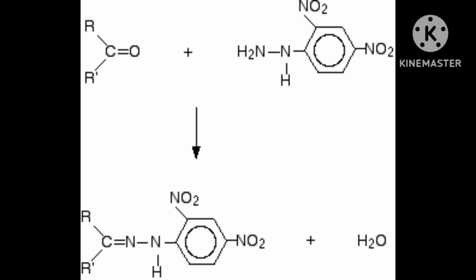Actually, some colored reactions I have already discussed. For example, the 2,4-DNP reagent reaction is very limited. 2,4-DNP means 2,4-dinitrophenylhydrazine. I discussed it in the last class.